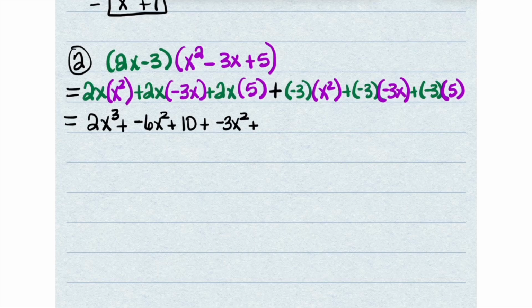Negative 3 times a minus 3x, that's going to be a positive 9. And then a negative 3 times 5, that's going to be a minus 15. So far, so good? All right, are there any terms that we can combine? Yes, there is no x cubed, but we have a minus 6x squared and a minus 3x squared. That should give us what? A minus 9x squared. And I already see something I missed.